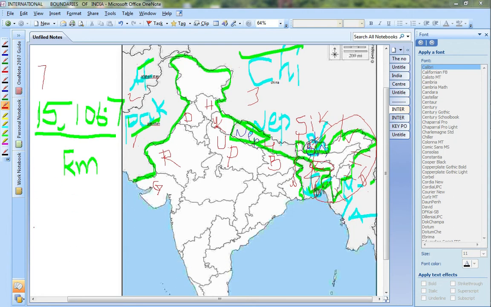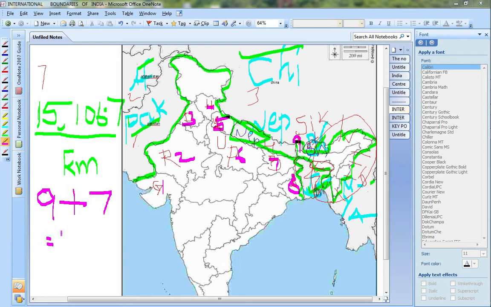Those states are sharing land boundaries with our neighborhood countries. How many states? See, 1, 2, 3, 4, 5, 6, 7, 8 and 9, plus 7 sisters.